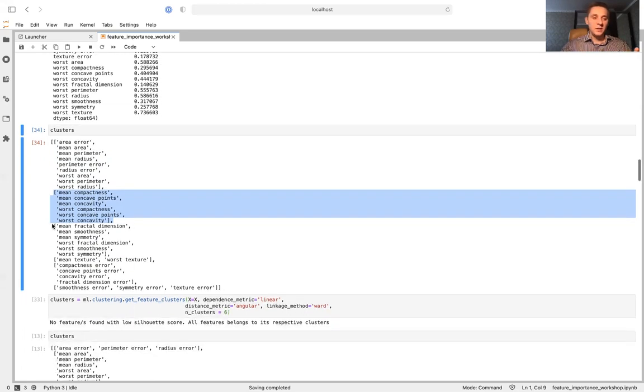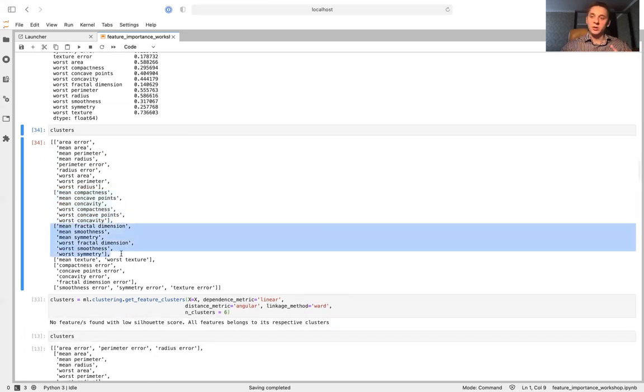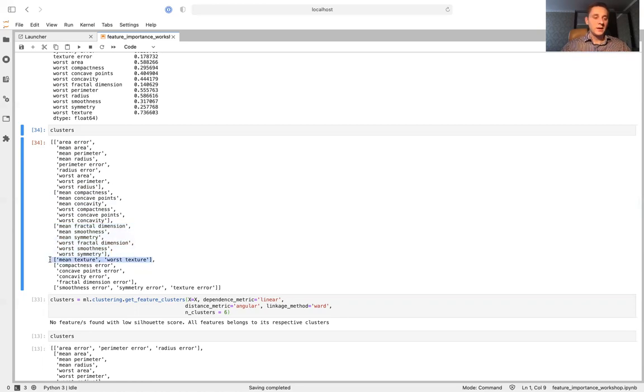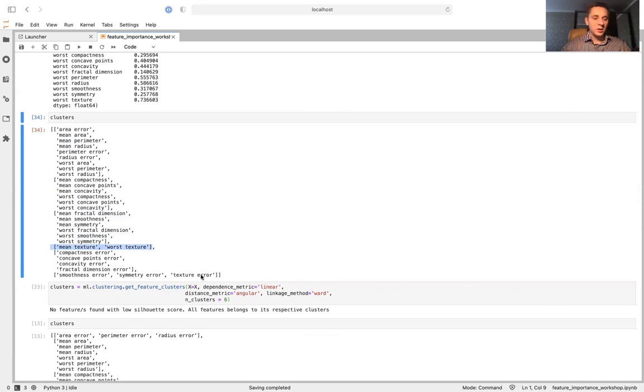The third one is more about texture, like fractal dimension, smoothness, symmetry, worst smoothness, worst symmetry. This is a texture-based cluster. We also see an error-based cluster and a compactness error cluster.